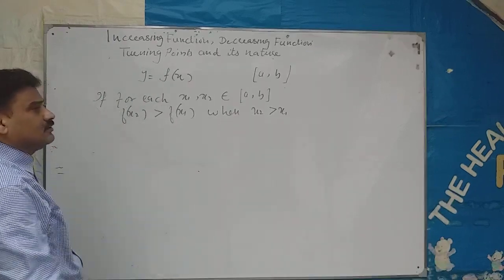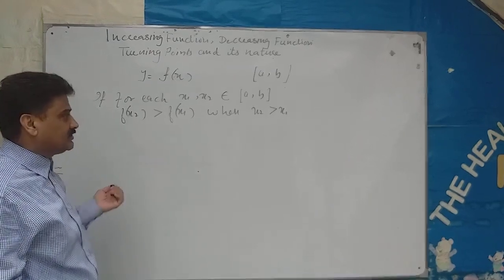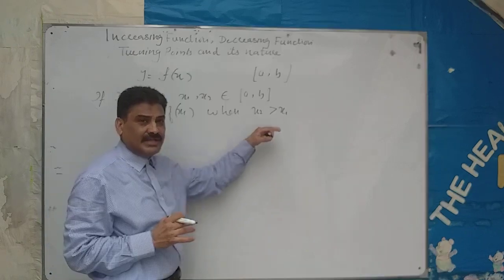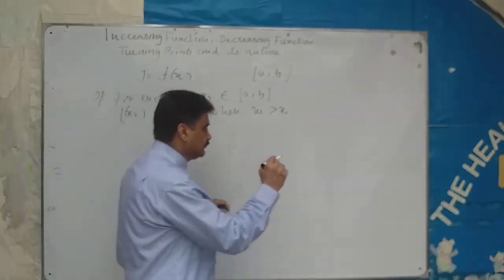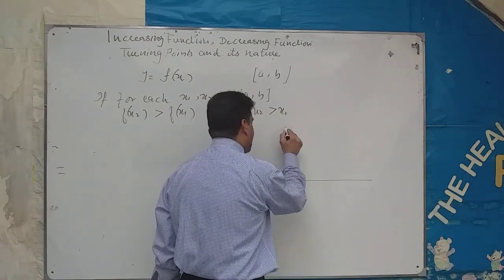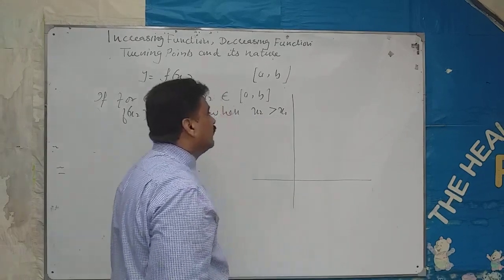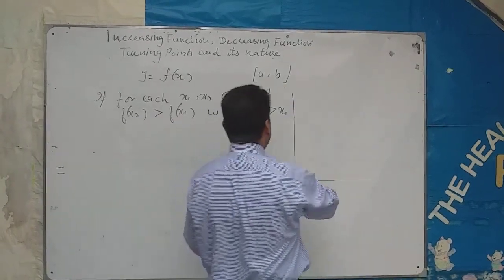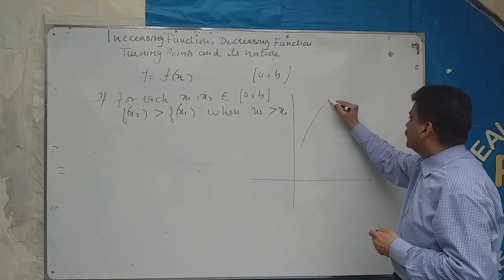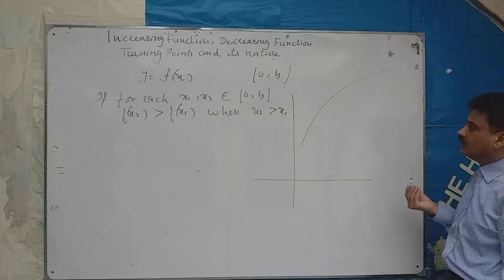To explain this, we draw a graph of a function by taking some points with their ordinates on it. Here is the x-axis and y-axis. We draw a graph by taking some points on it with their coordinates. This is a graph of a curve.